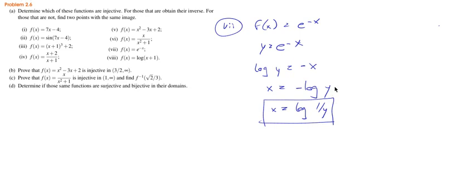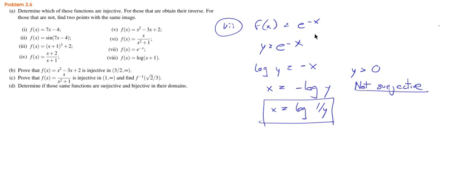This function is injective because, first, y has to be positive, otherwise the logarithm doesn't make sense. So the function is not surjective. We know the exponential only has the positive numbers as its range.